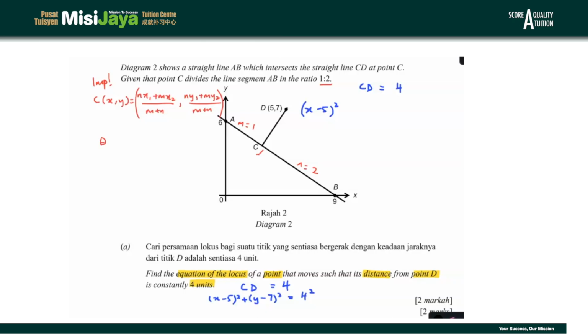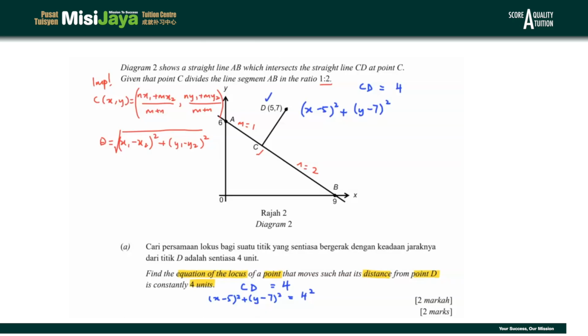Let's say D is for distance. It will be the square root of x1 minus x2 whole thing squared, plus y1 minus y2 whole thing squared. So this is the distance formula. To find CD, it will be x minus 5 whole thing squared, plus y minus 7 whole thing squared, because D is (5, 7).